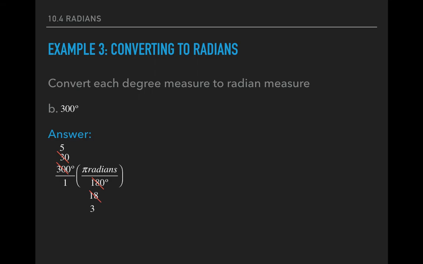Well, let's see. Oh, 6 can go into both those, right? And so 18 divided by 6 is 3, and 30 divided by 6 is 5. So in the numerator we have 5 pi, and in the denominator just 3. So 300 degrees is the same thing as 5 pi over 3 radians.